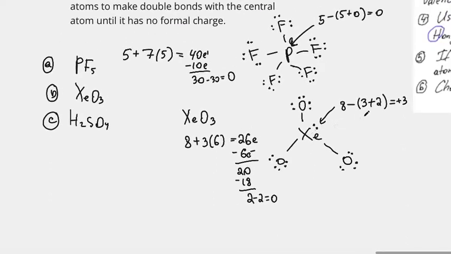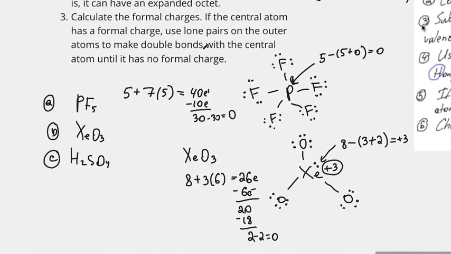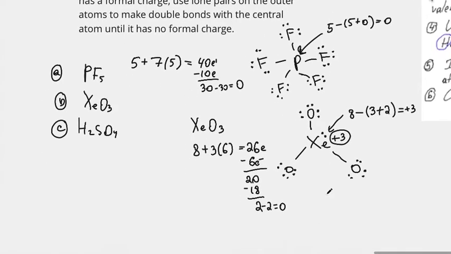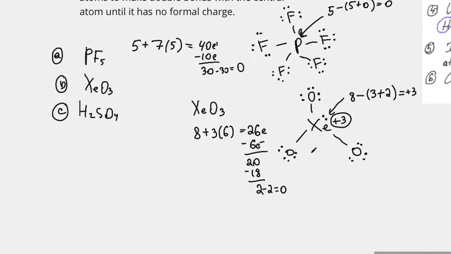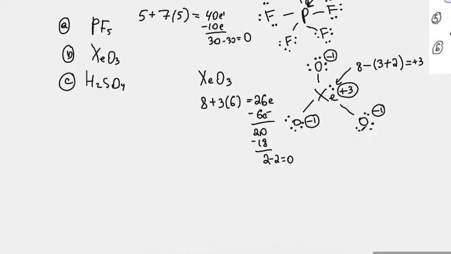So we checked that xenon can have an expanded octet, and we just said that it has a formal charge of plus 3, which means we will have to give it extra double bonds to get rid of its formal charge. If you do the formal charge on the oxygens here, you will see that each one of these oxygens has a -1. So this is not the best Lewis dot structure at all because it has so many charges.